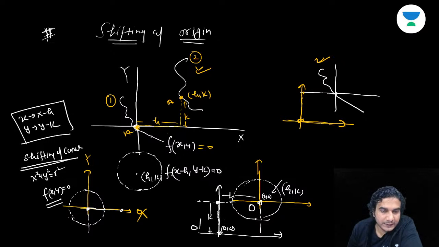Yes. So can you see this circle, C dash and C double dash are basically the same now. The equation must be the same.